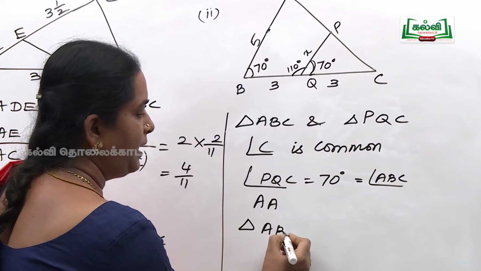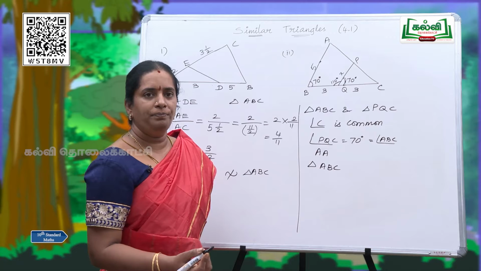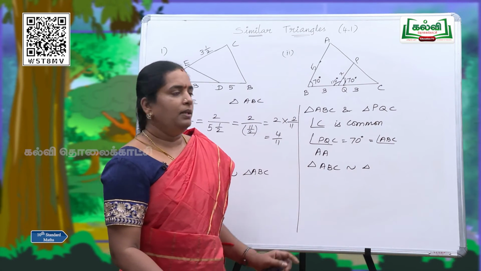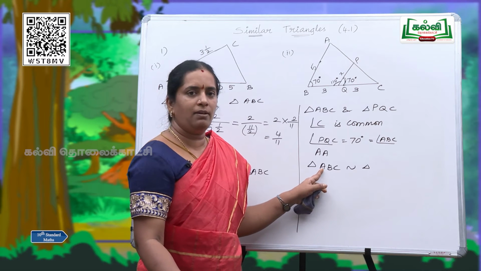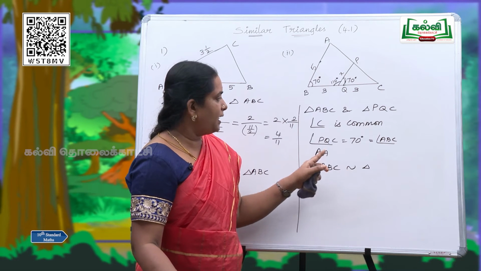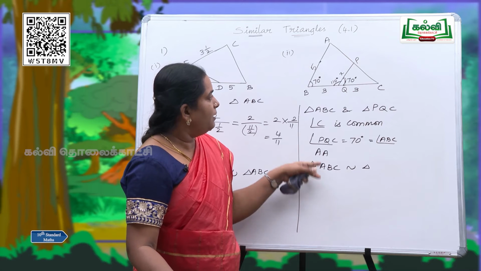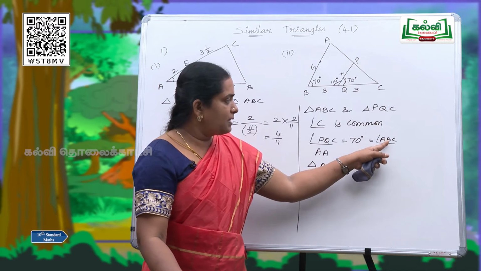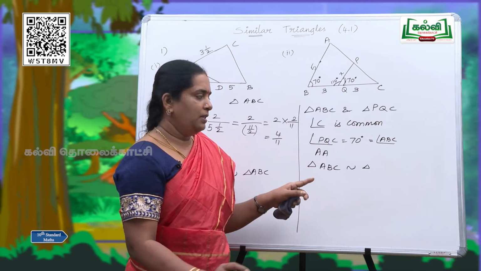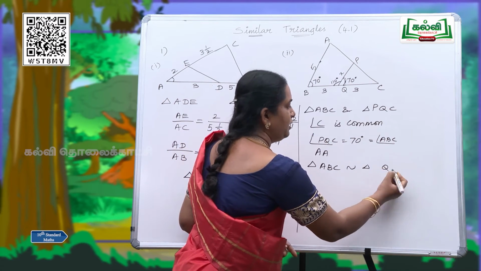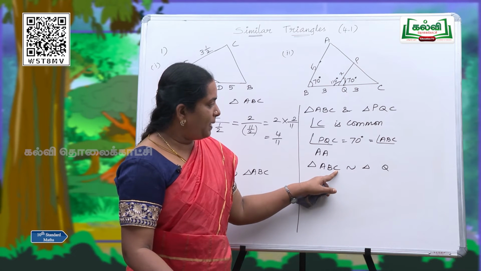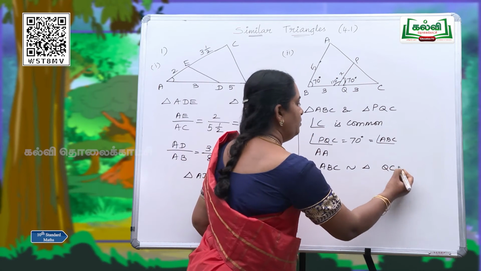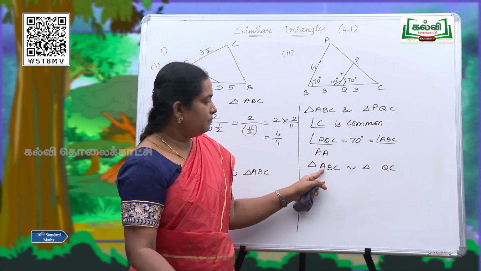That is ABC can be named randomly as per our wish, and this is similar to, now look at this, which angle is equal to A? In the next triangle, which angle is equal to A? We don't know. Which angle is equal to B? Yes, angle B is equal to Q here. So in the place of B we have to place Q, and in the place of C we have to place C because C is common. So which letter is remaining here?